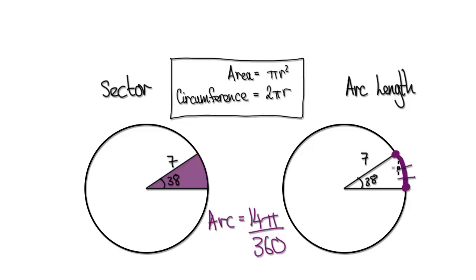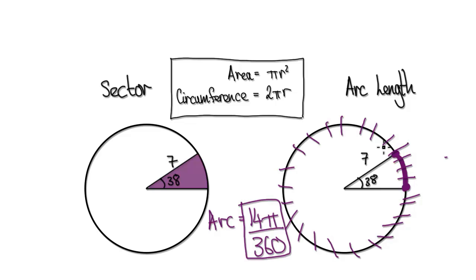When you cut this up into 360 equal pieces, this block represents one small length.